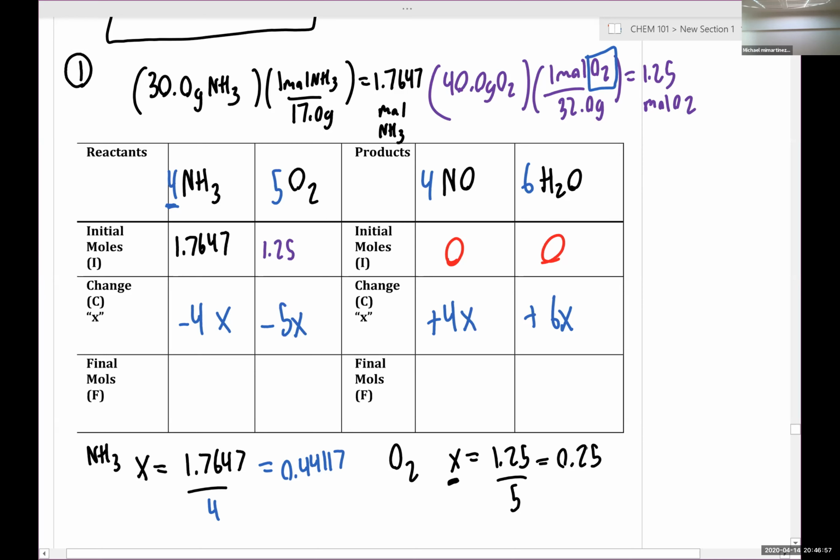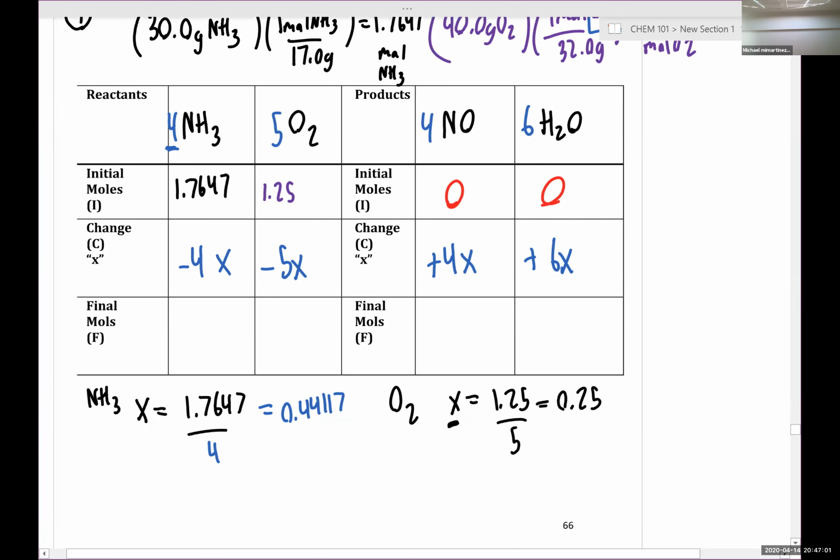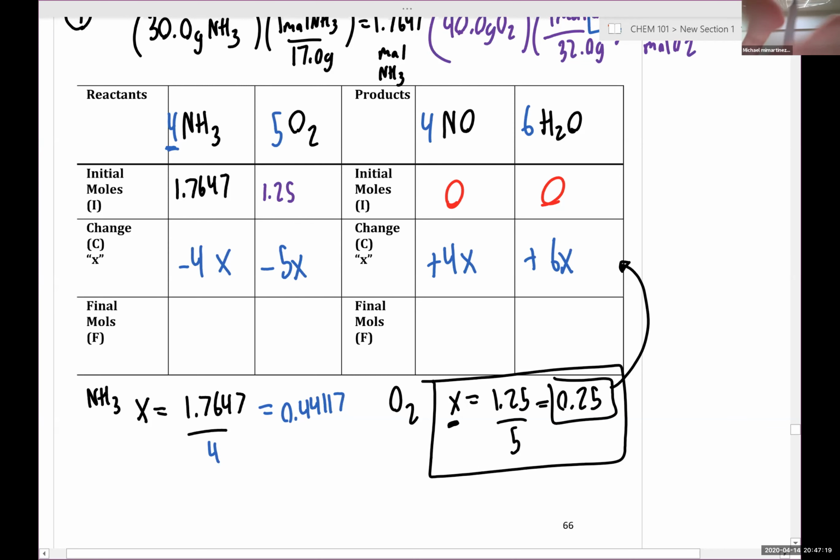Looking at these values of x, which reactant is limiting? O2. Yep, exactly right, because it has the smaller value of x. So we're going to plug in this value of x into all of our change expressions.